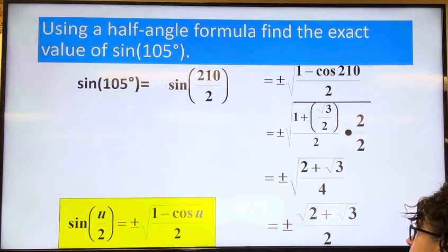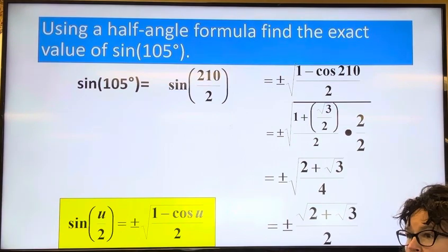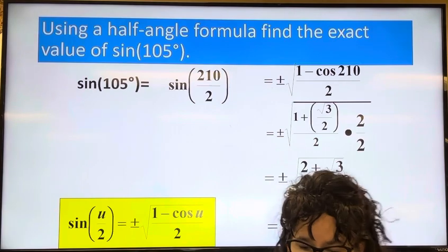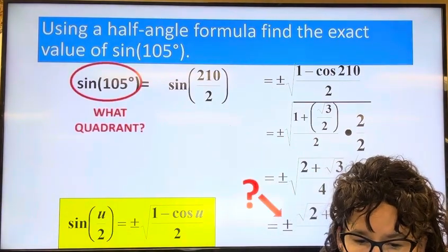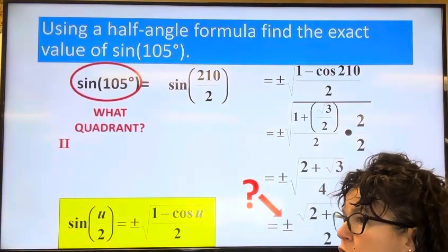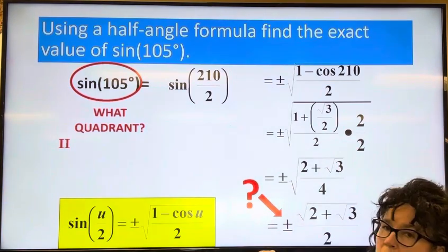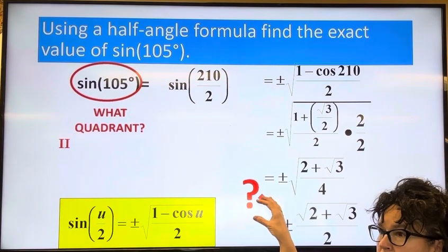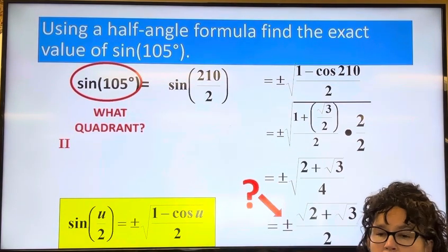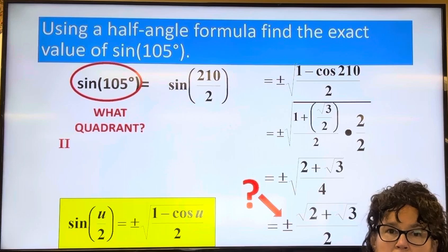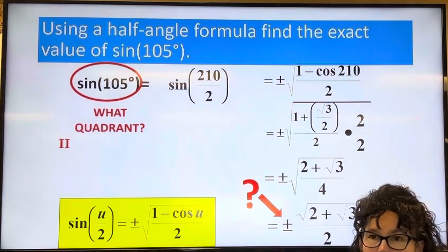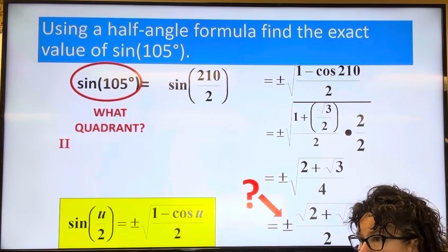The last thing I need to do is decide, again, is the answer positive or negative? It's not both. Angle 105 is in quadrant 2, and if we use our All Students Take Calculus, in quadrant 2 we're in Students, and so the only trig functions that are positive in quadrant 2 are sine and its reciprocal function cosecant.